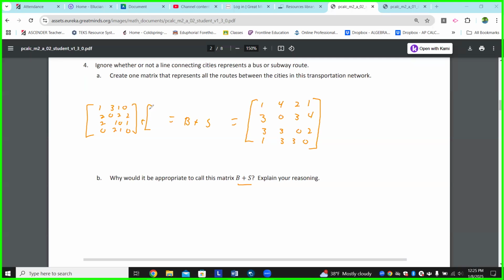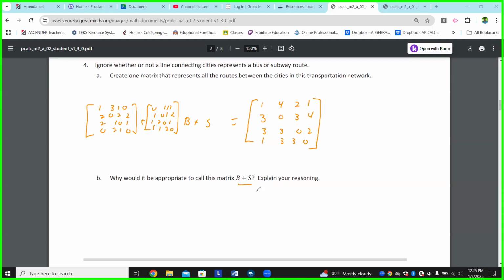Add it to the subway matrix, which was 0, 1, 1, 1; 1, 0, 1, 2; 1, 0, 1; and 1, 1, 2, 0. All right, so something like that in a cleaner form. We just added each element to total up each element in the total amount of transportation networks.